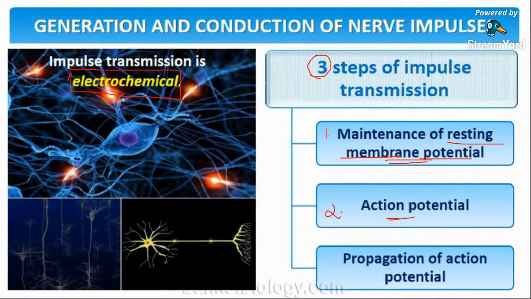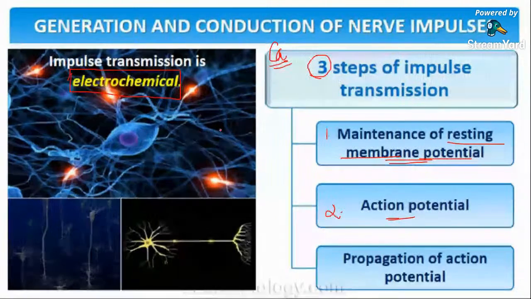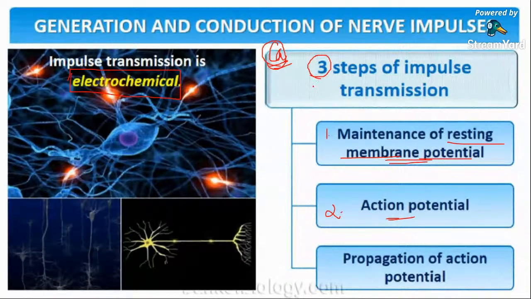In the skeletal system, during muscle contraction, we studied about calcium ions, but here we have sodium and potassium ions, the 2 types of ions which greatly help in the transmission of a nerve impulse.